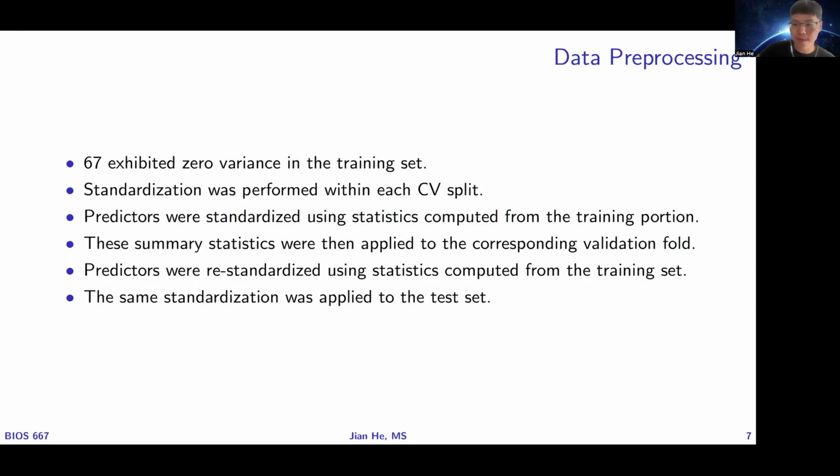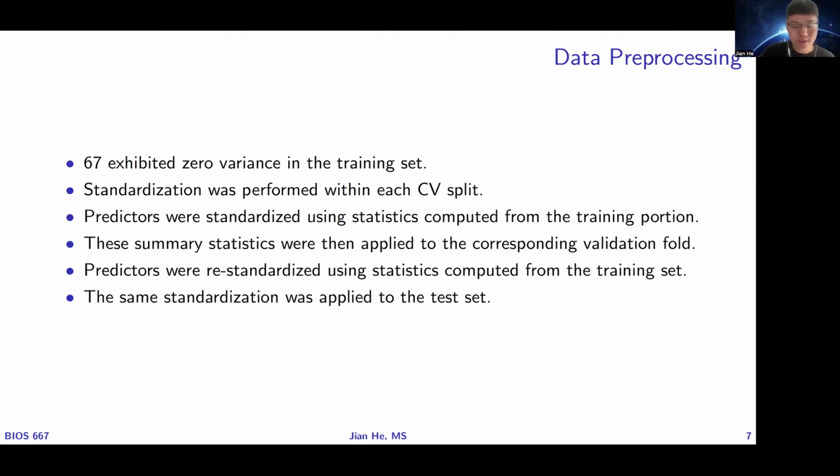67 predictors exhibited zero variance in the training set, meaning they are sparse predictors. All their values are equal to 0. The standardization was performed within each cross-validation split. Predictors were standardized using means and standard deviations computed from the training portion, i.e. the 4 training folds.